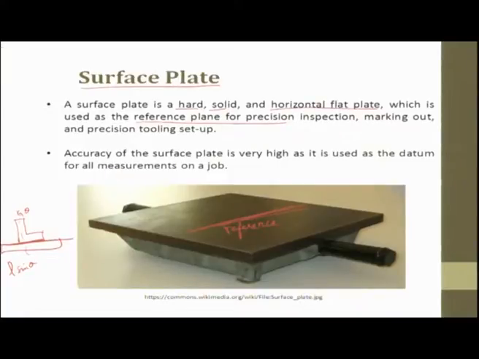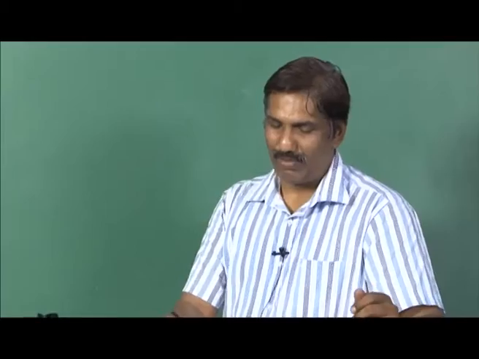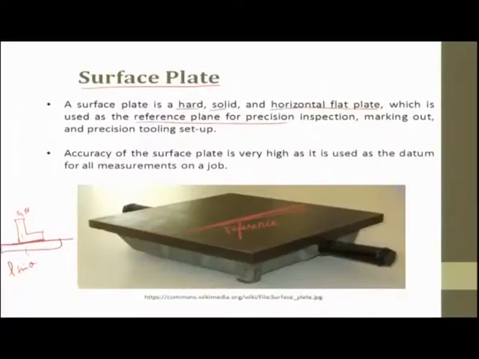So, in order to make sure the measurement is correct, we always try to butt the instrument against a reference plane. The surface plate is a reference plane which is used for many instruments. For example, a height gauge is placed on a surface plate. The accuracy of a surface plate is very high and it is used as a datum for all measurements on your job.